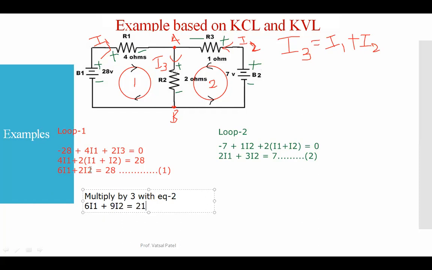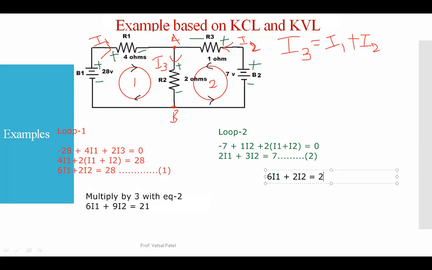And now if we subtract this equation number 1 and this equation, what do we have now? 6I1 plus 2I2 is equal to 28. And the second equation, what do we have?